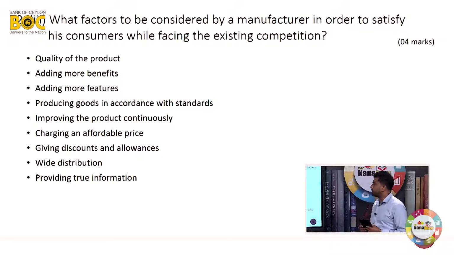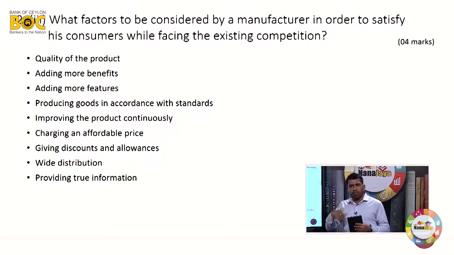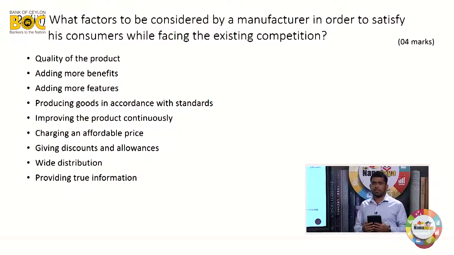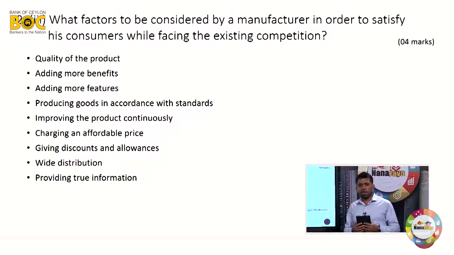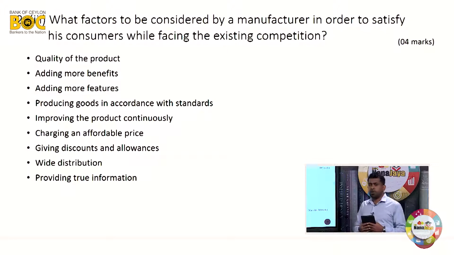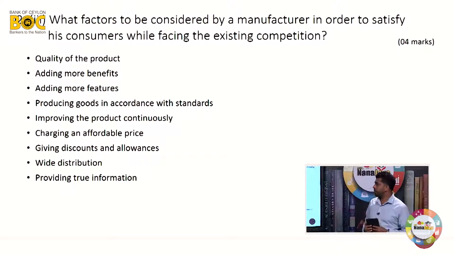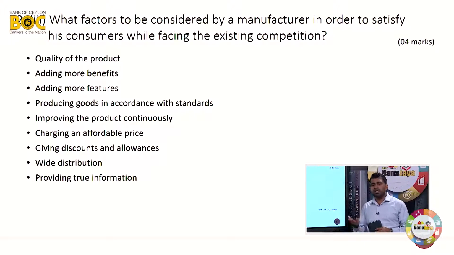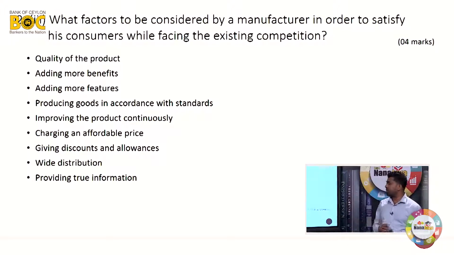Improving the product continuously, that means updating the product according to environmental changes. Charging an affordable price. Price is a very important factor which decides a purchase. So when assigning a price, it should be a fair or affordable price for the consumer. Giving discounts and allowances, consumers always try to enjoy discounts as well as allowances.